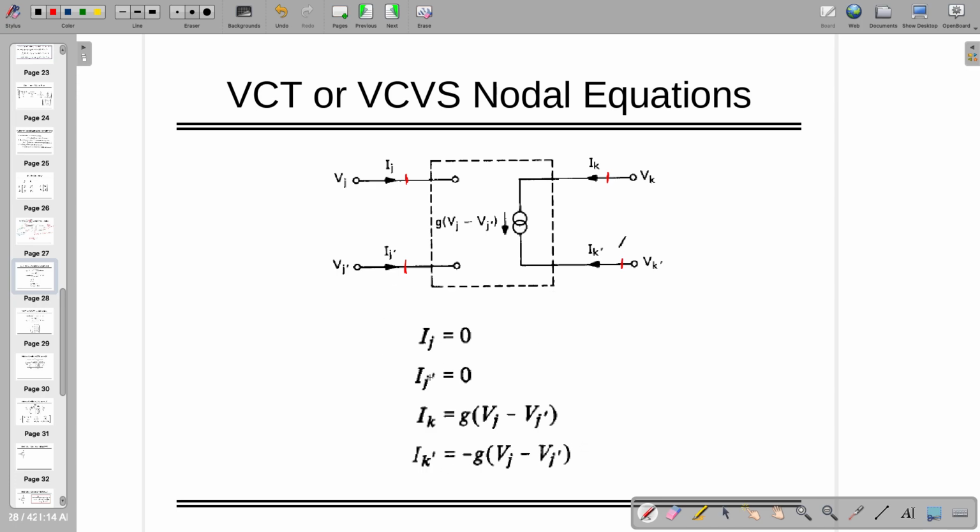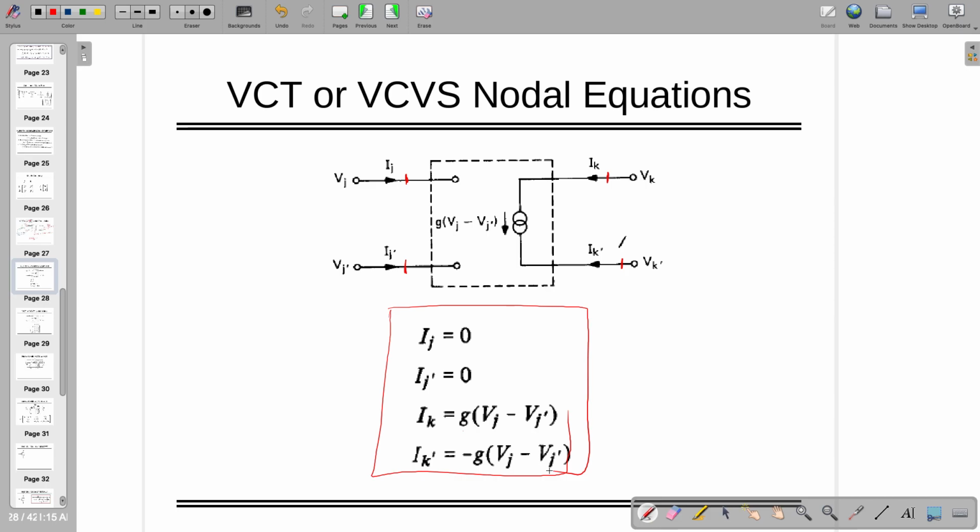If you apply KCL, you can find the current equations: Ij is equal to 0, Ij prime is equal to 0, Ik is, in the positive direction, G times Vj minus Vj prime, and Ik prime is equal to minus G times Vj minus Vj prime. Are you following these equations? It's written from here only.